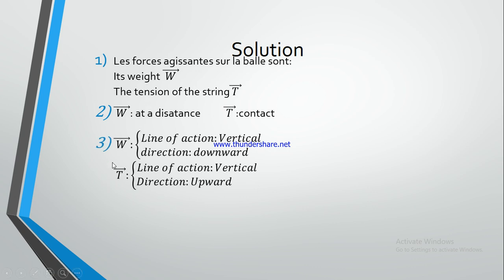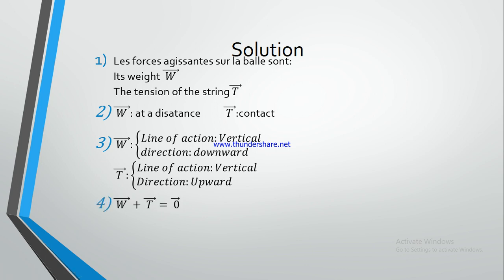The line of action of W is vertical, because the ball will move downward vertically, so the direction is downward. The line of action of T is vertical, because the string is vertical, and the direction is upward.